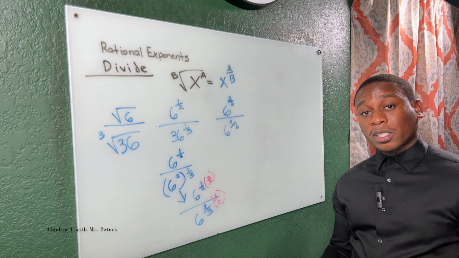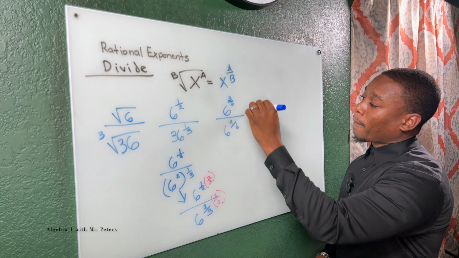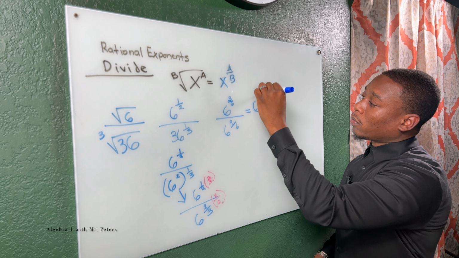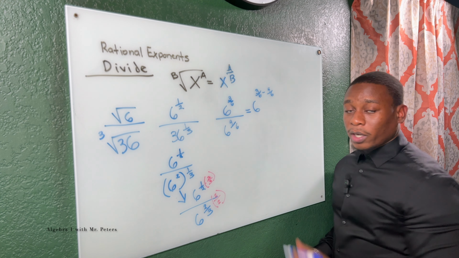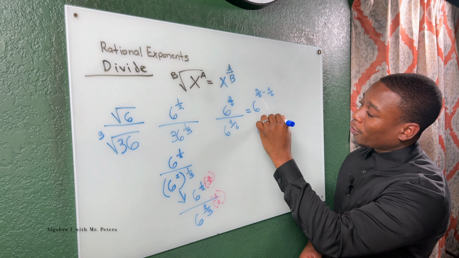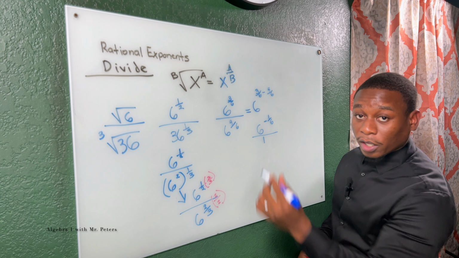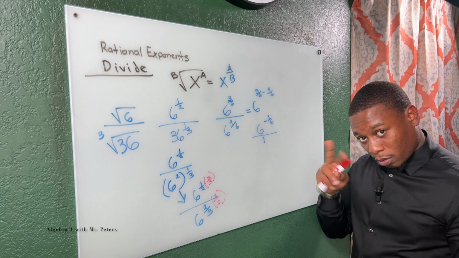All right, so now when I subtract, right? So let's write this out. We're going to get a very similar answer where it's 6 to the -1/6 power. So again, we have to express it as what? Reciprocal, right?